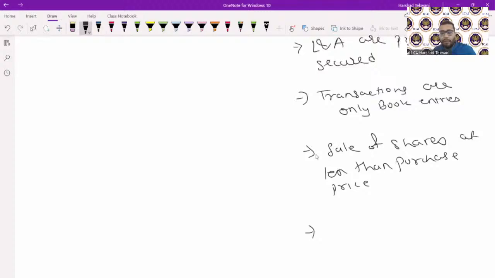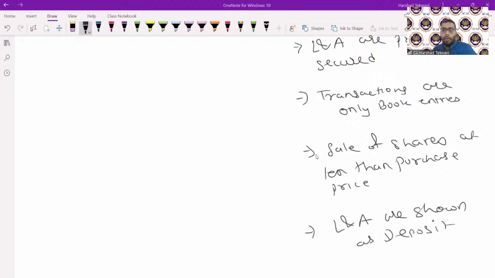Then whether loans and advances are shown as deposit. The auditor is also required to report on whether the loans and advances made by the company have been shown as deposit.